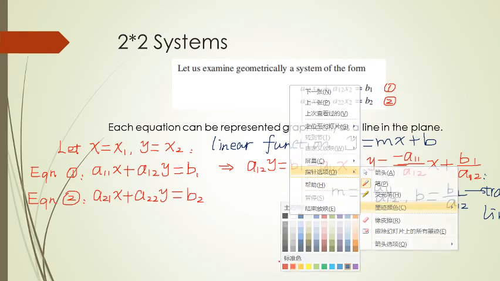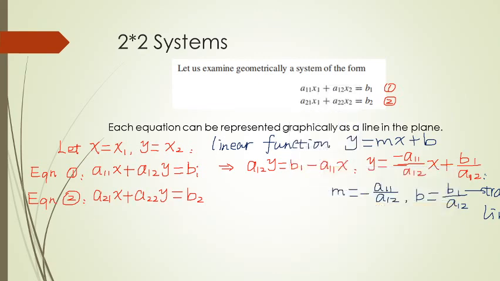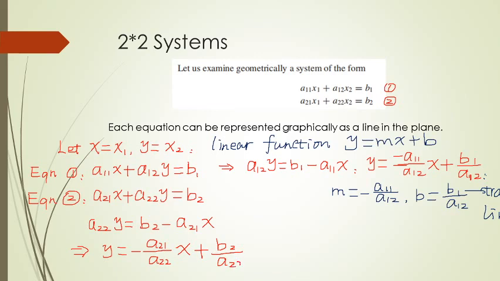If we check the second equation and we express y using x, A22y equals B2 minus A21x, and then my y is minus A21 over A22 x plus B2 over A22.